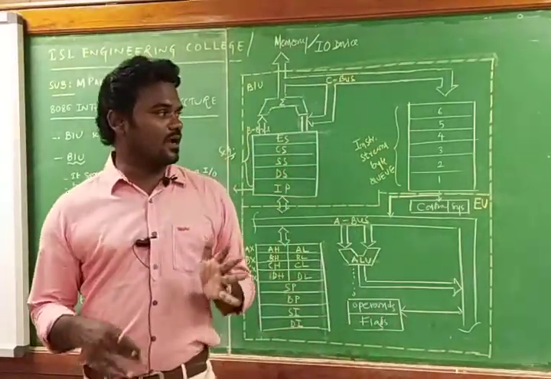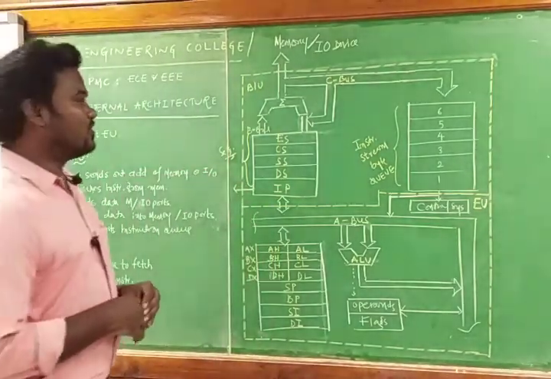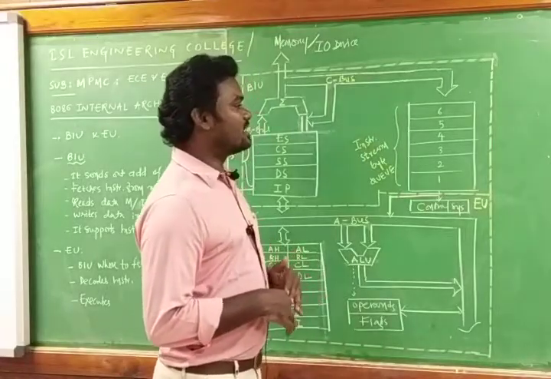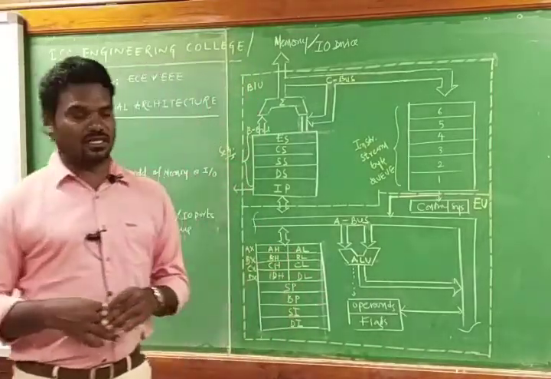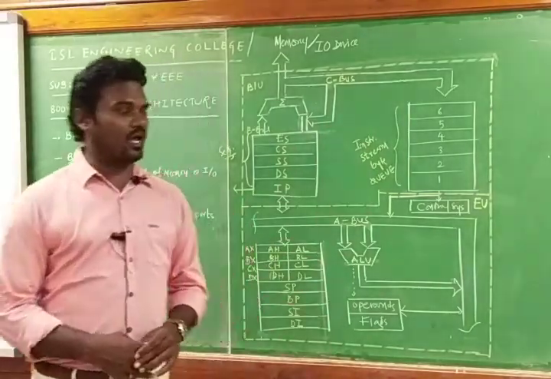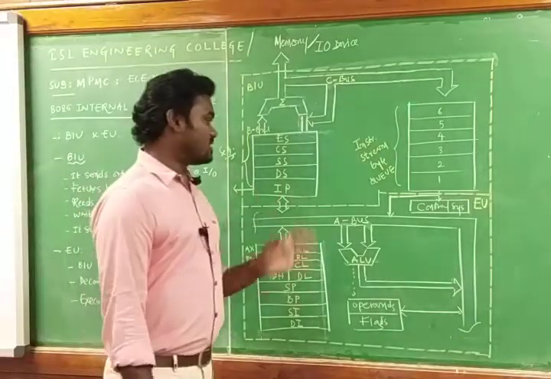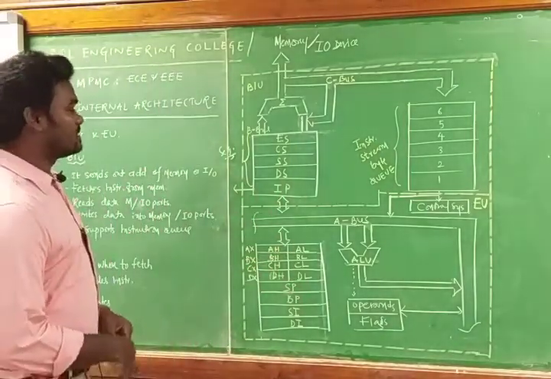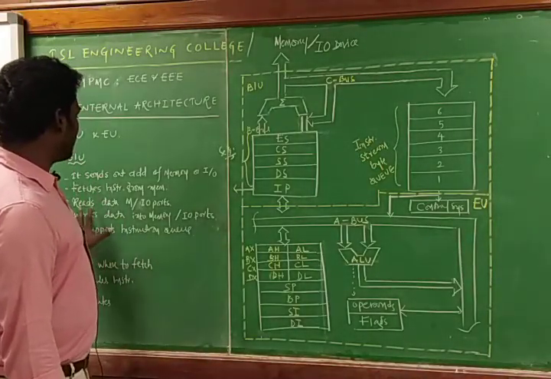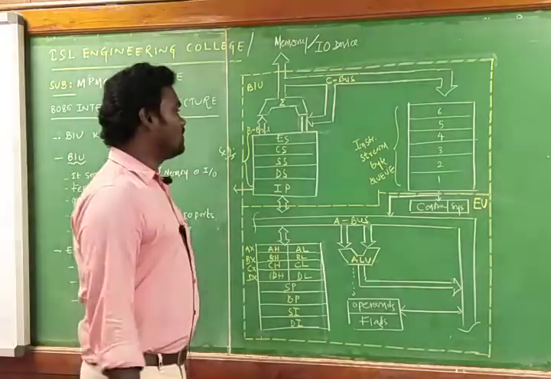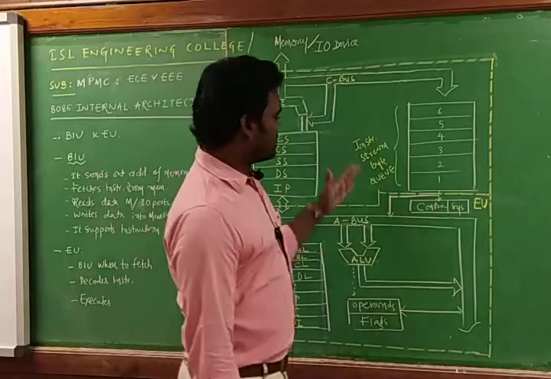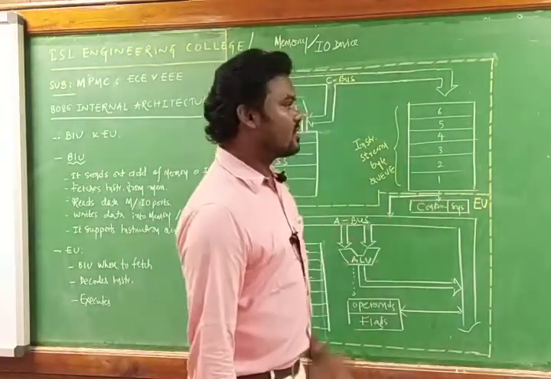Whenever the current instructions are executing, if the processor fetches the next instructions for the next operation, those instructions are named as pre-fetched instructions, and these pre-fetched instructions are taken by the execution unit while it is executing the current instructions, and this process, as we already discussed, is pipelining. So in order to accomplish all these functions, this bus interfacing unit requires segment registers, pointer registers, the instruction queue, and some control system.